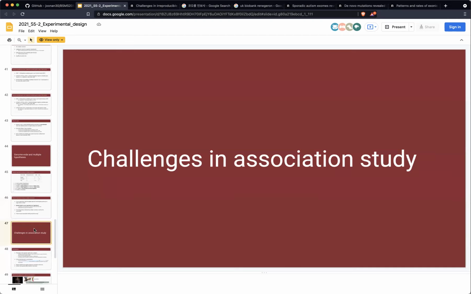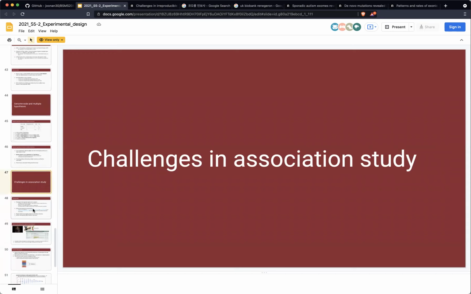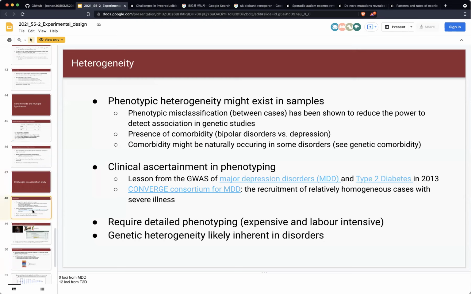And challenges in association testing. These are some remaining issues in our experimental design. The first issue is heterogeneity. If you look at the same disorder, we collect a large number of samples, but each patient probably has different trait values. In other words, phenotypic heterogeneity might exist in the samples.